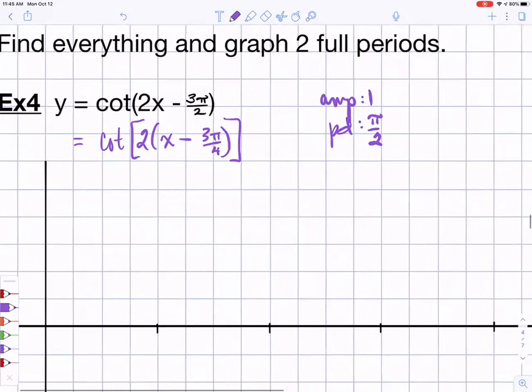Myona, what is the phase shift? You guys agree with her? What do you disagree with? The direction? Why is it right, Myona? Yeah. Yep. And then there's no vertical shift, so we're good.